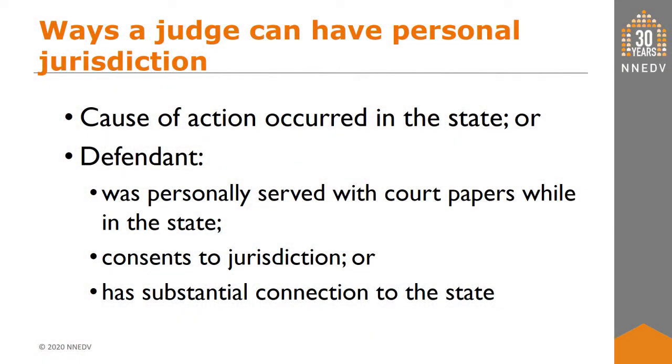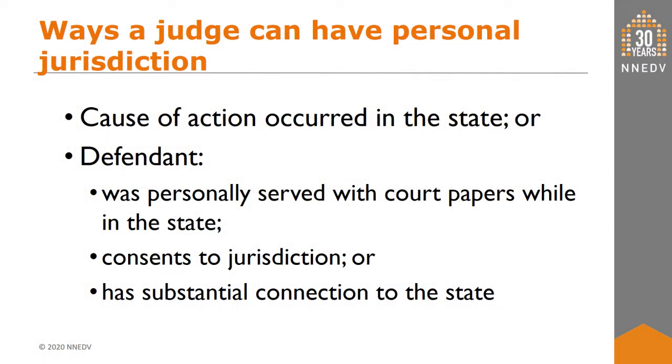So for example, if you were stalked, and the stalking occurred in your state, then the cause of action arguably occurred in your state. If there was a physical assault or some other sort of criminal action that occurred in your state, then most likely the judge is going to have authority or jurisdiction over the person who did that to you. So the cause of action occurred in that state.